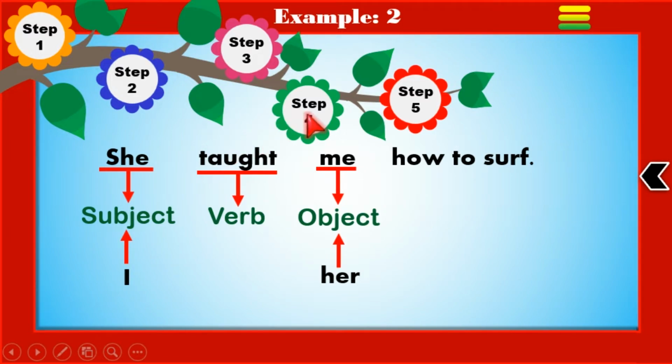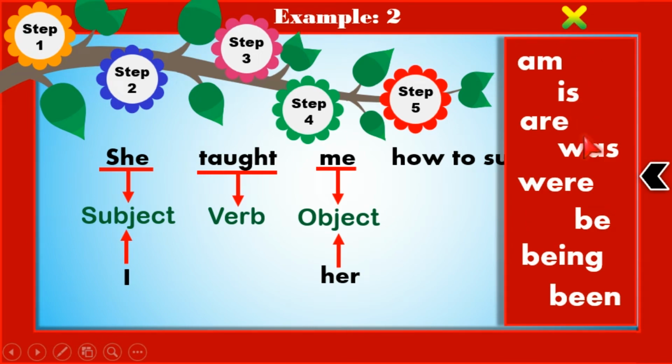And next the fourth step. Look at these auxiliary verbs. This sentence refers to simple past. She taught me how to surf. Taught is a V2 form. So we can say this sentence is in simple past tense.